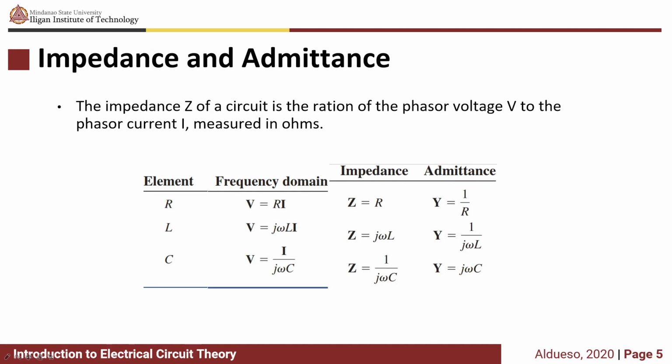For a resistor element, in the frequency domain, V equals R times I, so the impedance is just equivalent to R. For an inductor, the voltage is V equals j omega L times I, so the impedance, which is the ratio between the voltage and the current, is j omega L. Then for the capacitor, the frequency domain voltage is I over j omega C, so the impedance is 1 over j omega C. Now the admittance is just the reciprocal of the impedance.